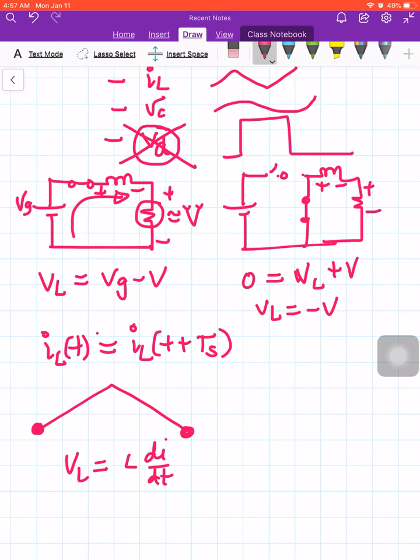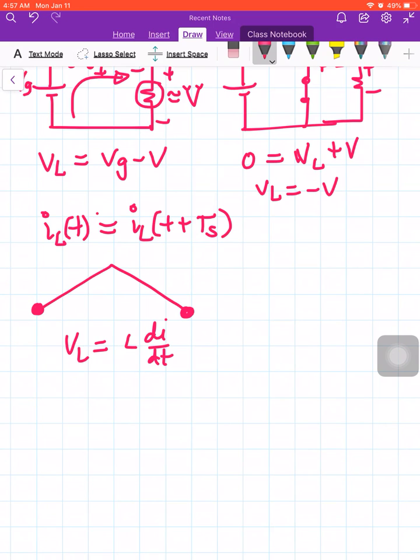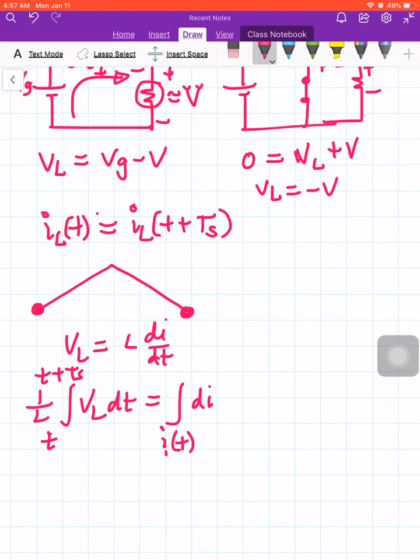So if we try to integrate this voltage within the intervals t and t plus Ts, then we end up with dIL, and we are integrating with the limits IL of t and IL of t plus Ts.